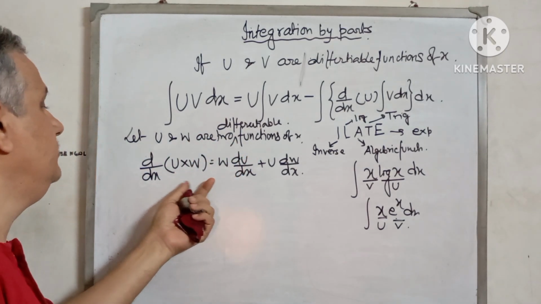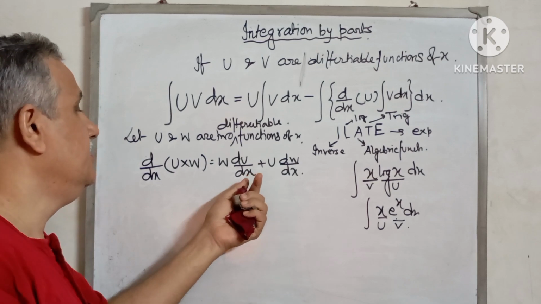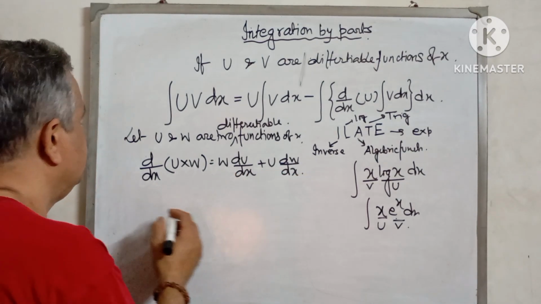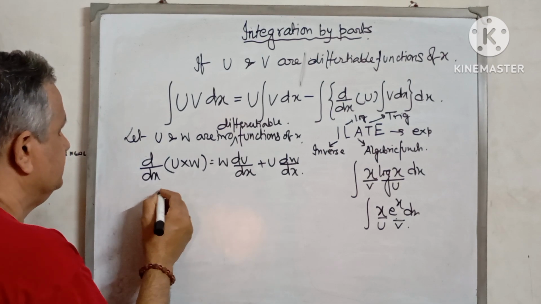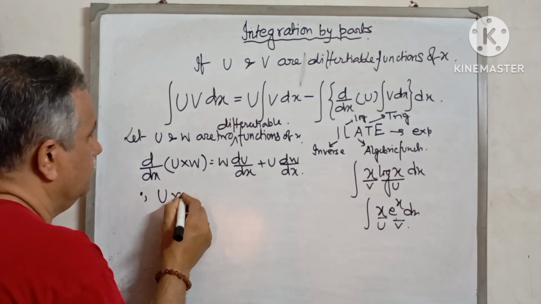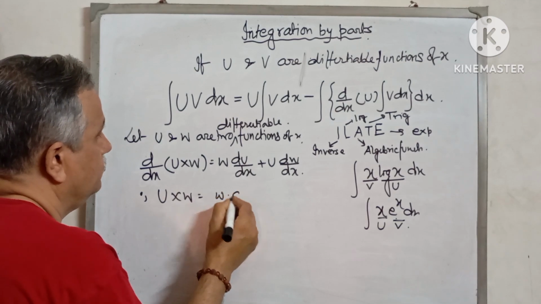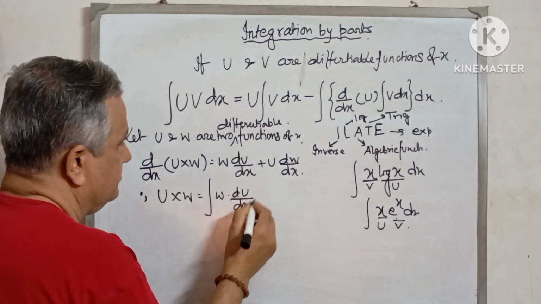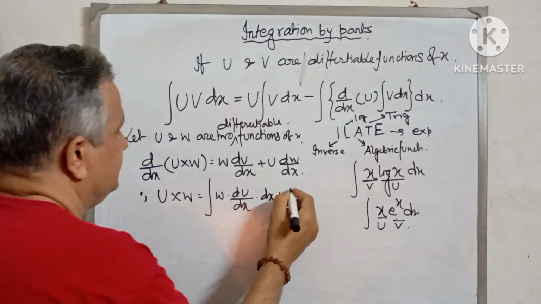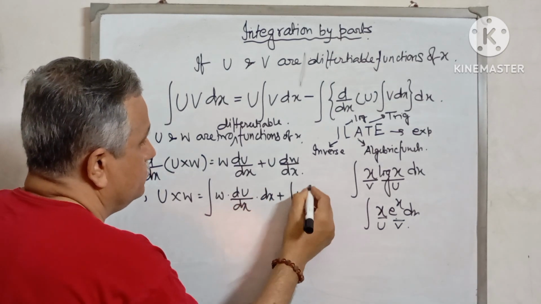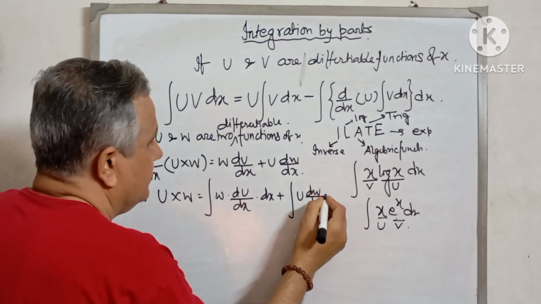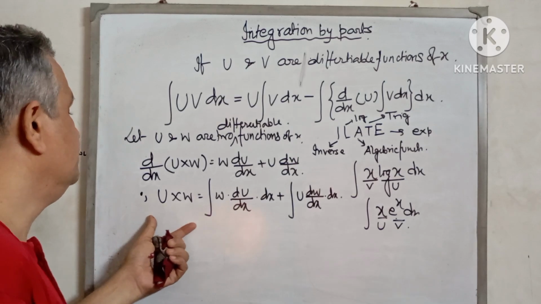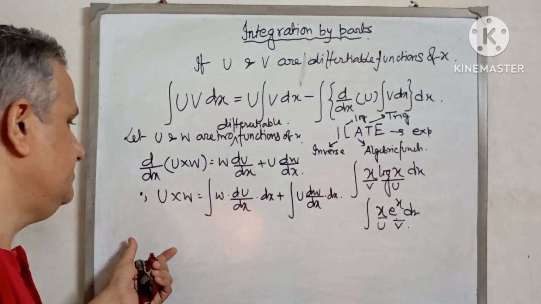So d/dx of u into w, by the multiplication rule of differentiation, is w into du/dx plus u into dw/dx. Now integrating both sides with respect to x, we get u into w equal to the integration of w into du/dx dx plus the integration of u into dw/dx dx.